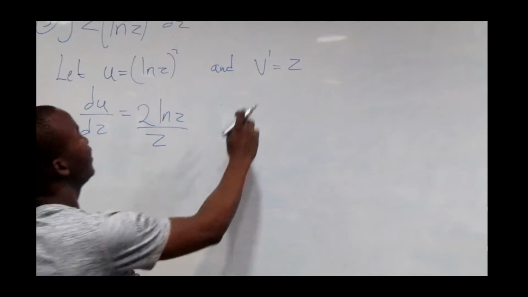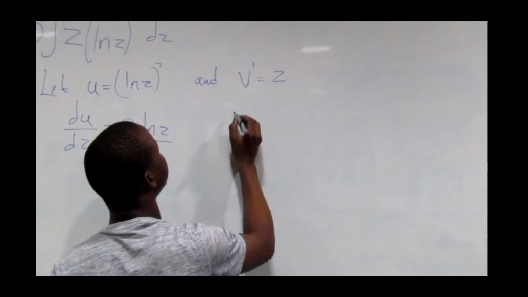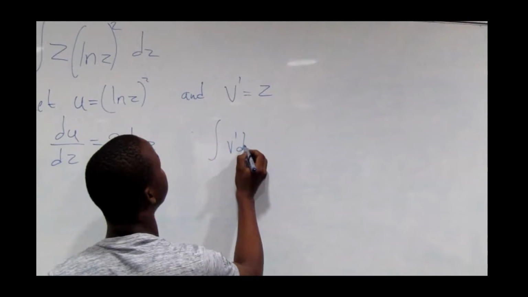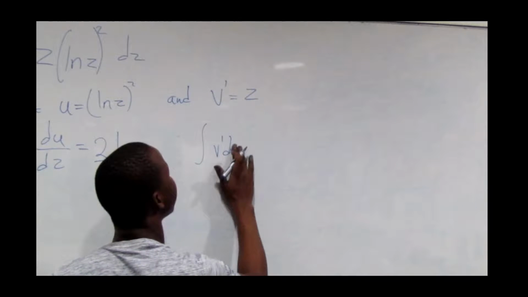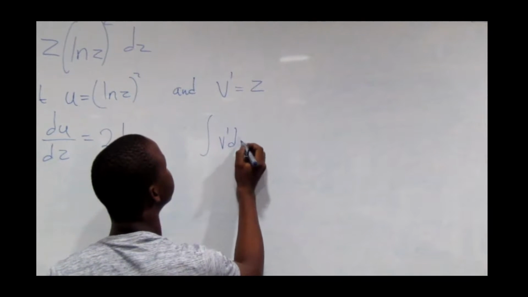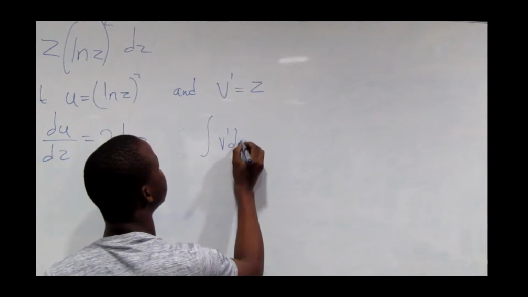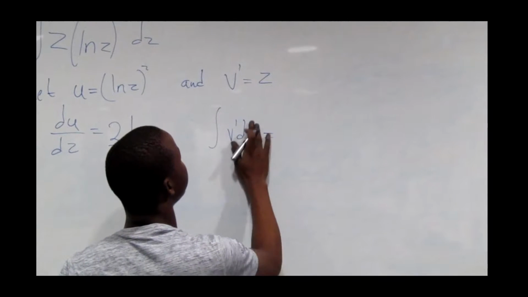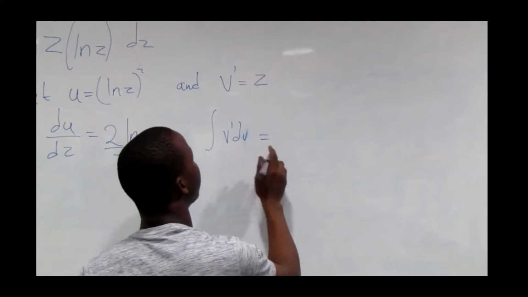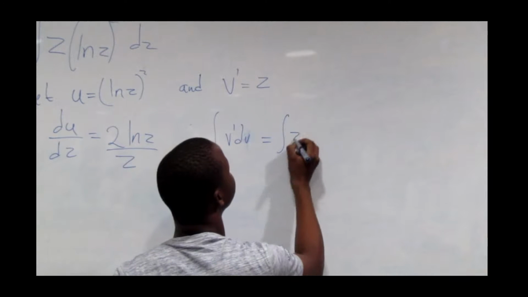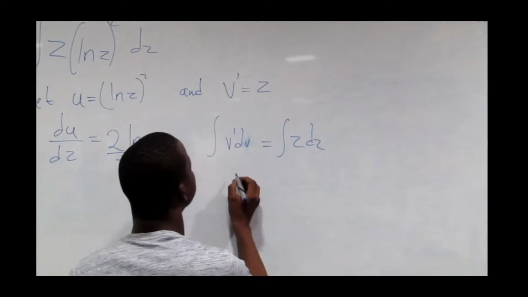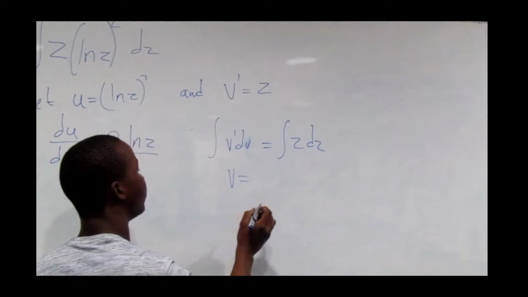And again, integration: when we are integrating v prime, dv over dz equals z, so v prime is going to give us v.